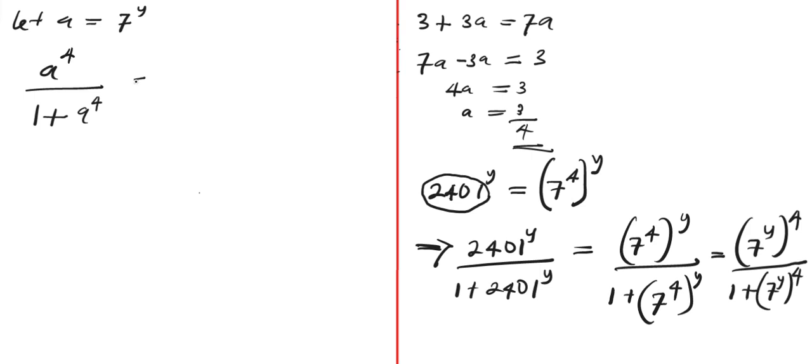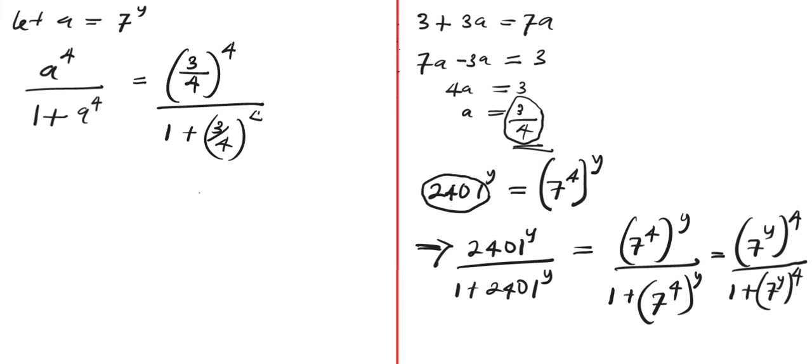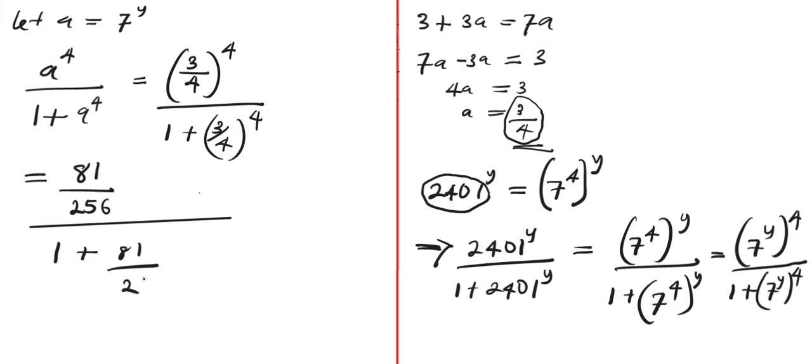a on its own is 3 over 4. So we insert 3 over 4 wherever we have a. So we have 3 over 4 all power 4 divided by 1 plus 3 over 4 all power 4. Let's start with 3 power 4. 3 power 4 is 81, divided by 4 power 4, which is 256, all divided by 1 plus, again, 81 divided by 256.